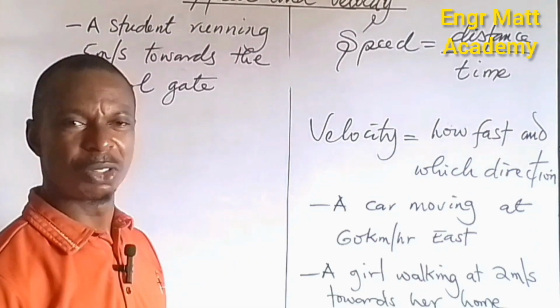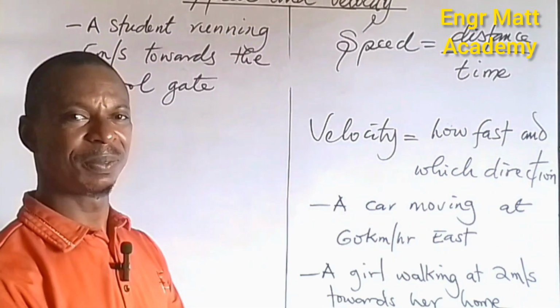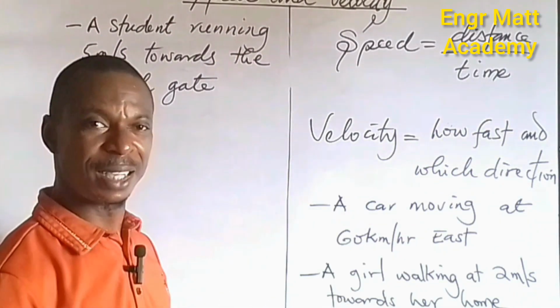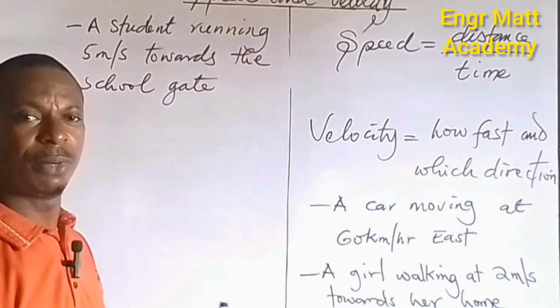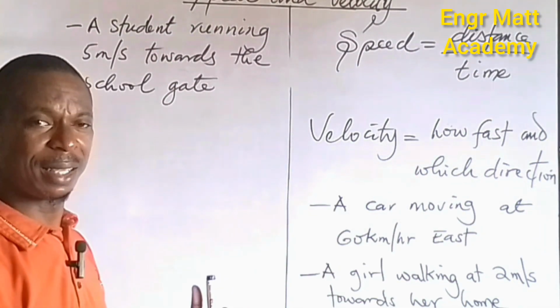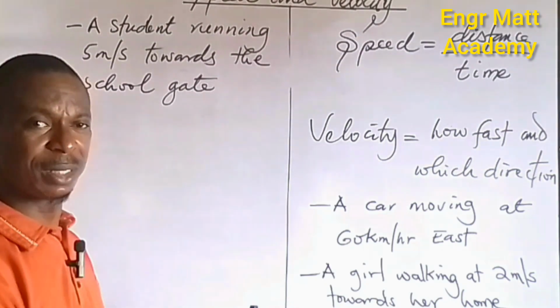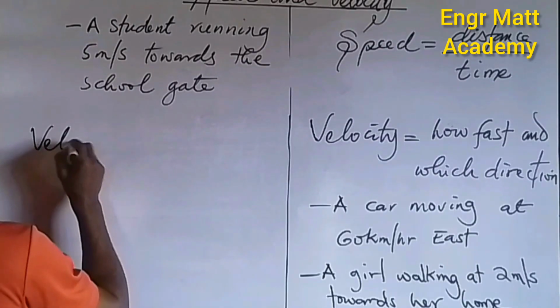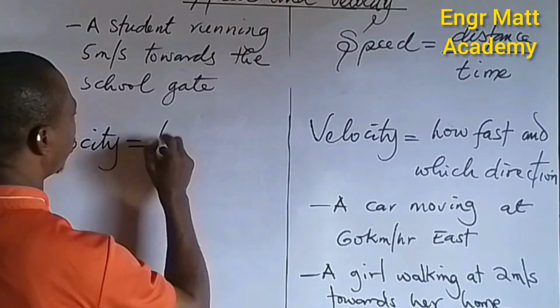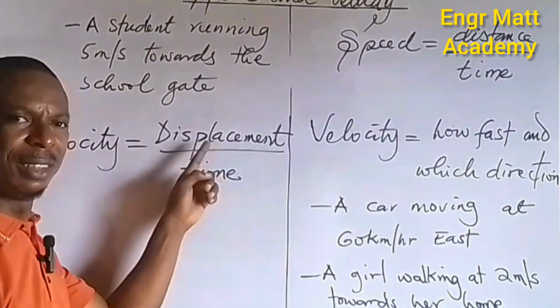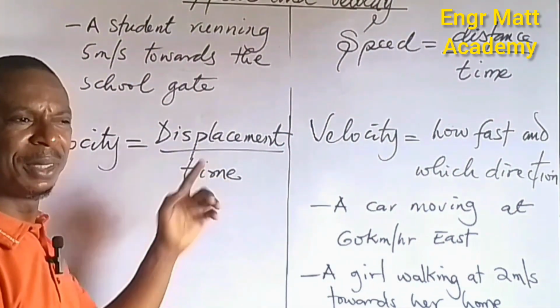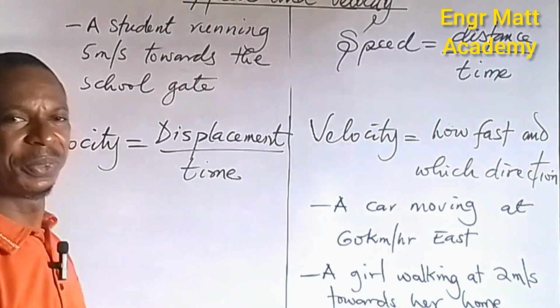While speed does not care about the direction of movement, velocity is very concerned about the direction of the movement. And because velocity is so particular about the direction of movement, we define velocity as displacement over time. Displacement meaning movement with direction.